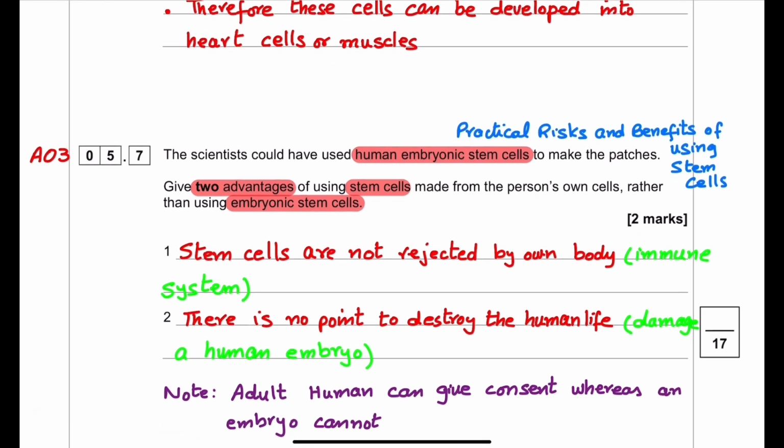Stem cells are not rejected by the body because the patches are made from the person's own cells. There is no point to destroy human life, meaning to damage a human embryo, whereas an adult human can give consent but an embryo cannot.